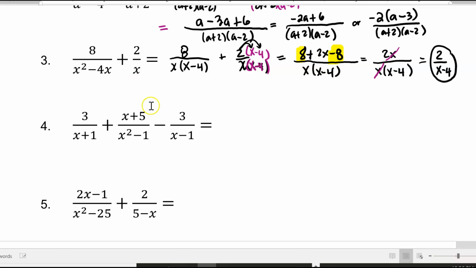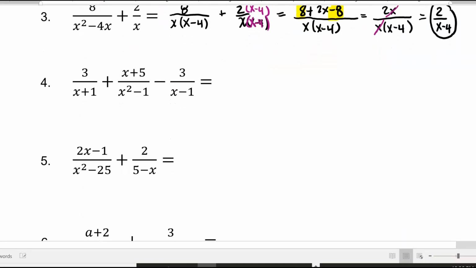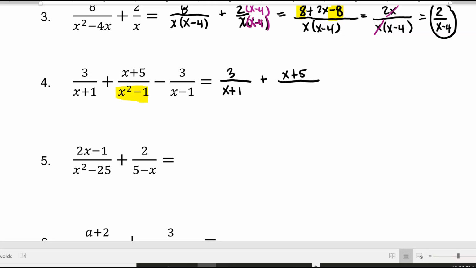Moving on to number 4, we have 3 fractions that we are combining as 1. So we rewrite each one of these fractions, making sure that we factor the denominators that are factorable. And x squared minus 1 is factorable. So that's x plus 1 times x minus 1, minus 3 over x minus 1.